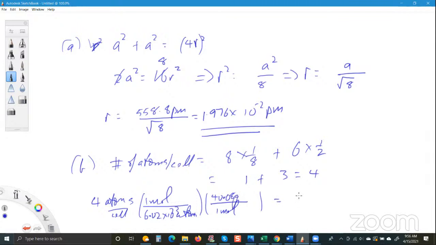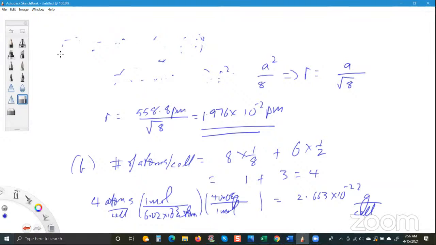And when I worked this out, I got 2.663 times 10 to the minus 22 grams for each cell. So that gives you the mass, but we're not finished yet because we need to find the density. So what I'm going to do is erase part of the work that we did before for A above and continue up there.